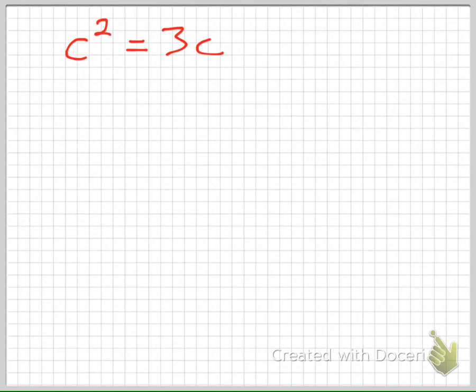So, you know what you're allowed to do to equations. You can do anything you want to an equation, as long as you do it to both sides, right? This thing needs to equal 0. Force it to equal 0 right now. Just do it. You can do it.